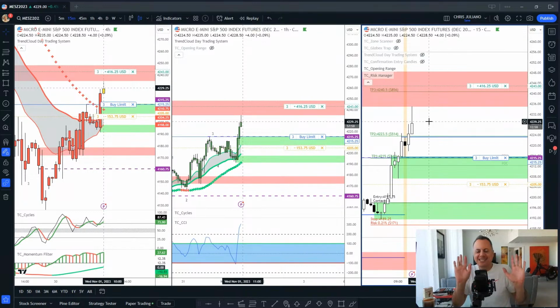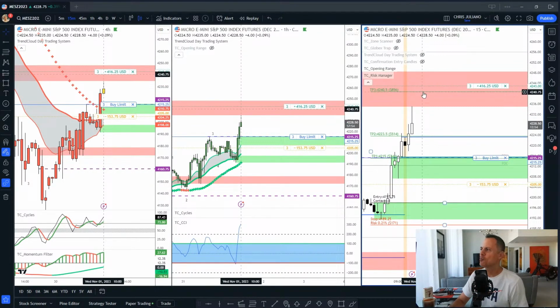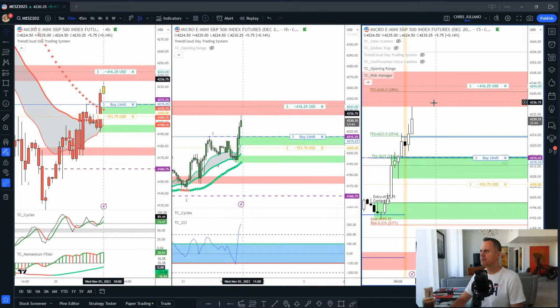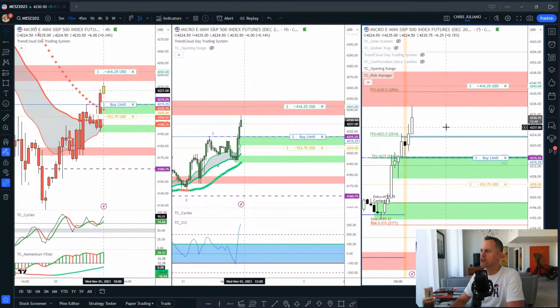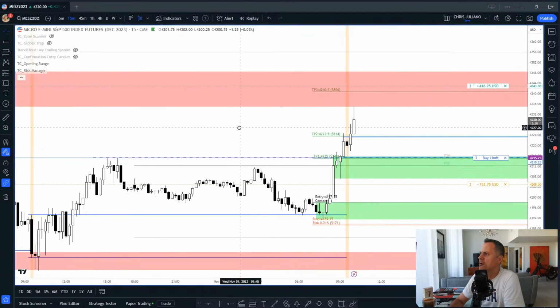So you guys see the dilemma now, okay? There's a whole bunch of sellers here, and we're kind of running into this brick wall, and we did break through some structure, which is nice, right?